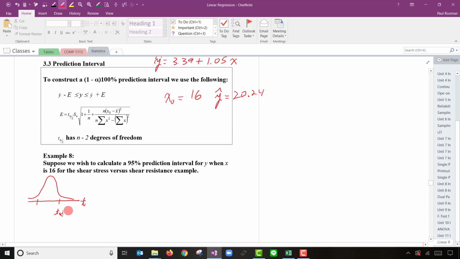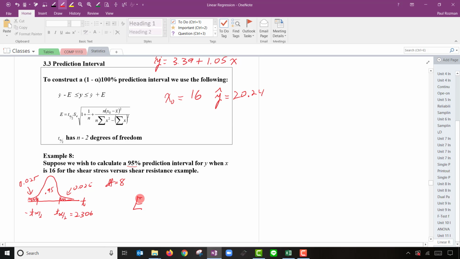We found these critical values in t alpha over 2, because luckily we're still doing 95%. And the degrees of freedom are the same as they were for the other one. The degrees of freedom will be 8. When you look that up in the t-table, we saw it was 2.306.